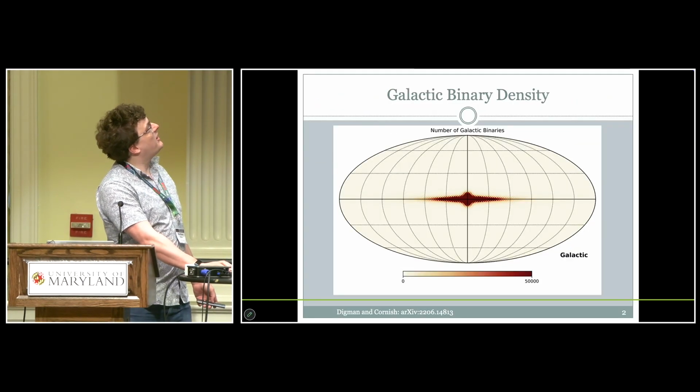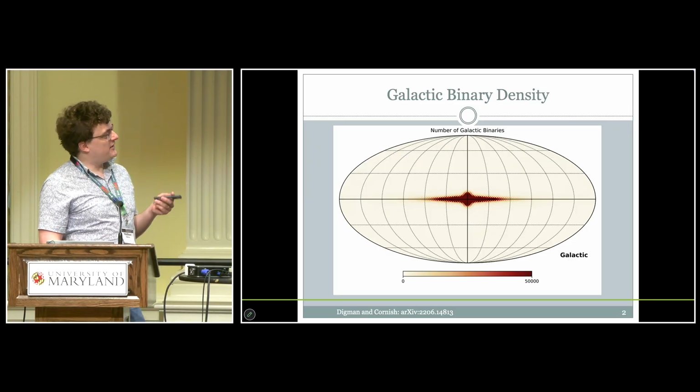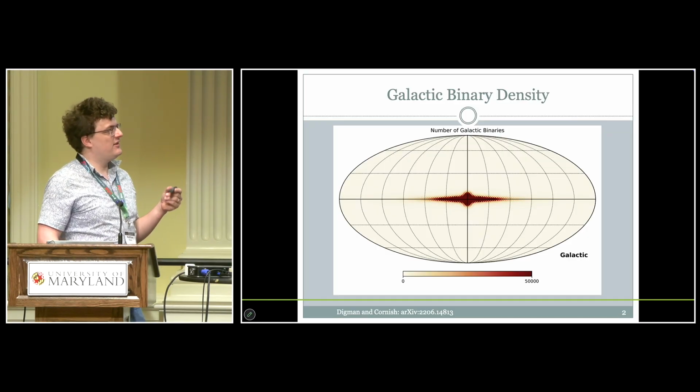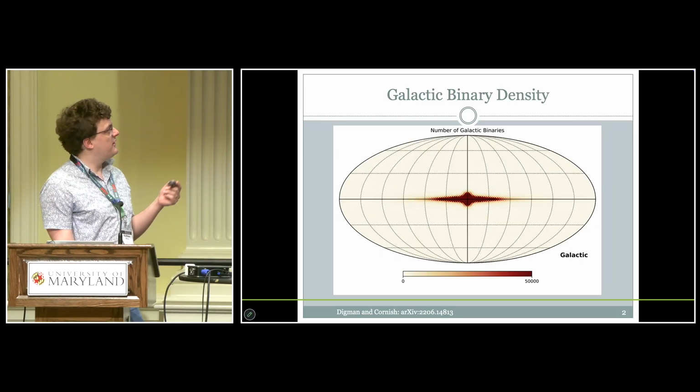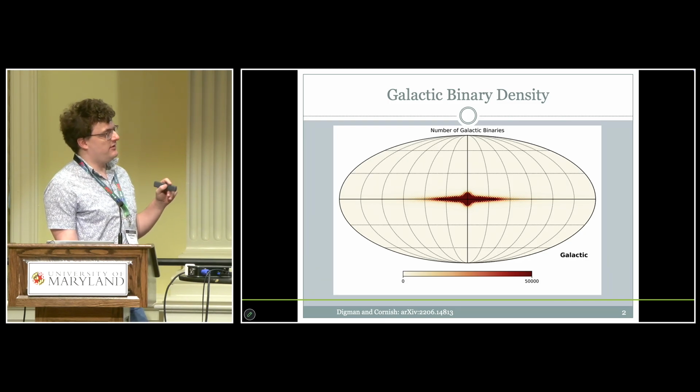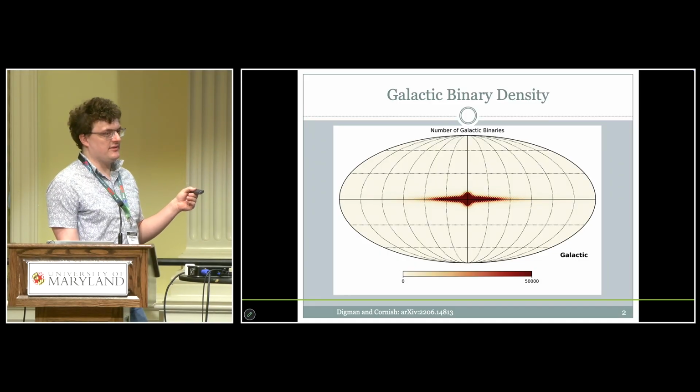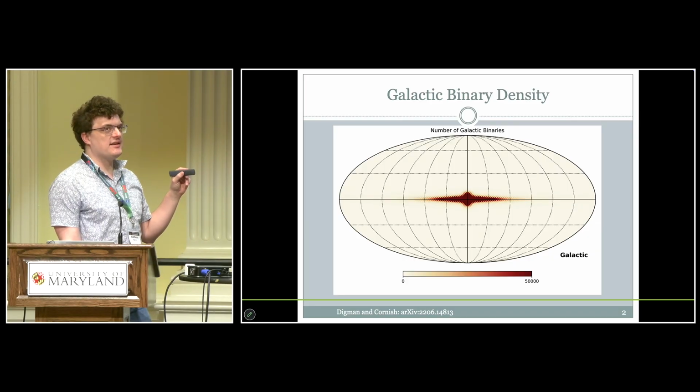The original concept for this galactic stochastic code came from a paper that Neil and I wrote a couple of years ago, using the same iterative fit method that most of us are familiar with to analyze the LISA binaries, but in a way that allowed for a time-varying galactic stochastic background instead of a constant one.